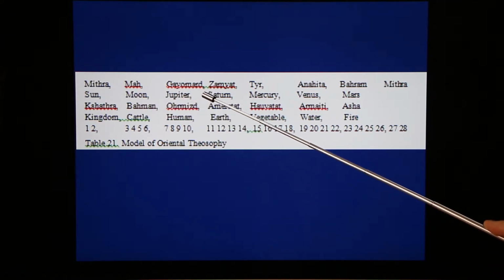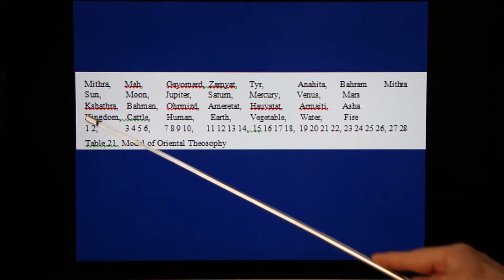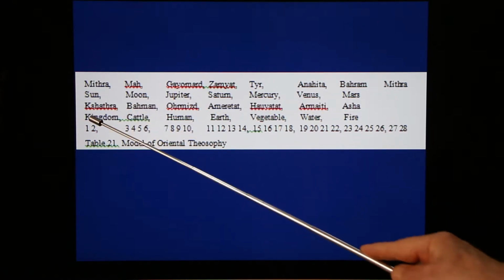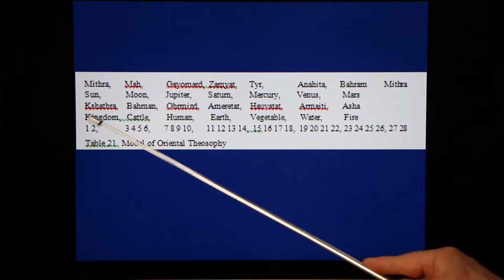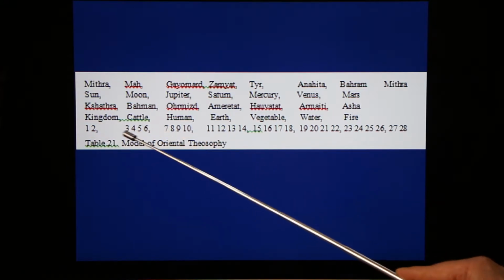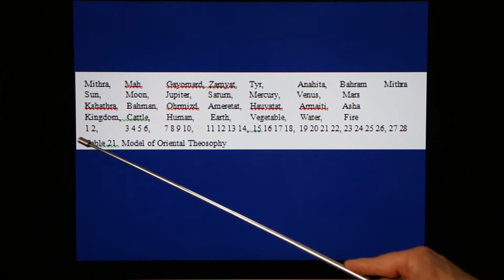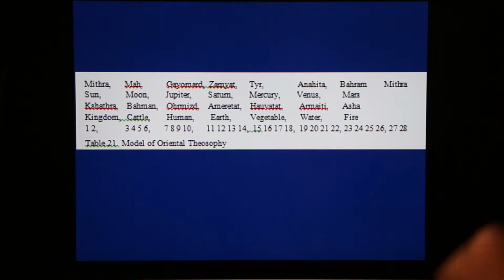And this then, so I can have the 7 gods: Mithra, Ma, Gayamar, Zamyat, Tyr, Anahita, Bahram, and Mithra again. Sun, Moon, Jupiter, Saturn, Mercury, Venus, Mars. Then other names for them as powers, linking with kingdom, cattle, human, earth, vegetable, water, fire, and then with these nakshatras, and create a whole Oriental theosophy.